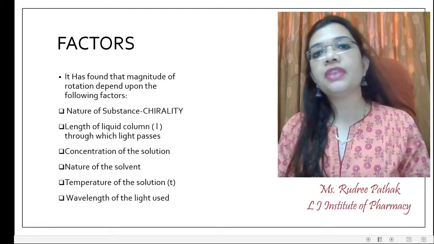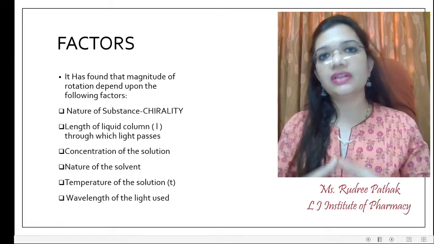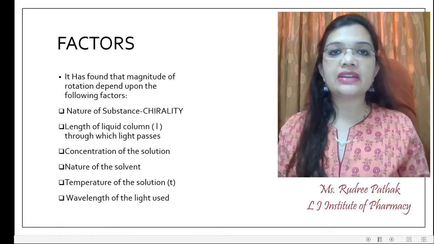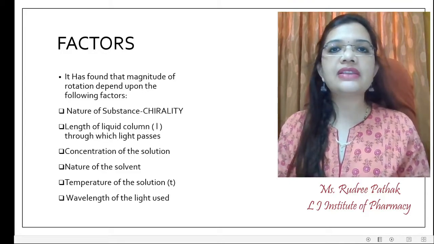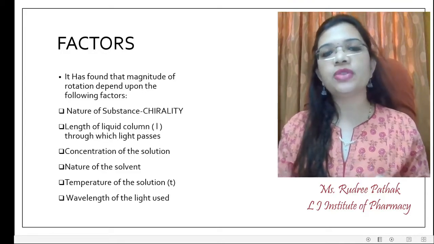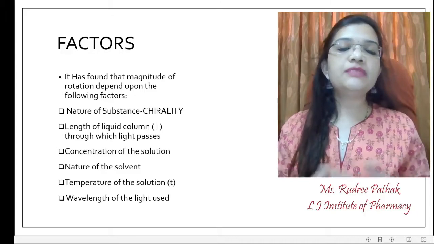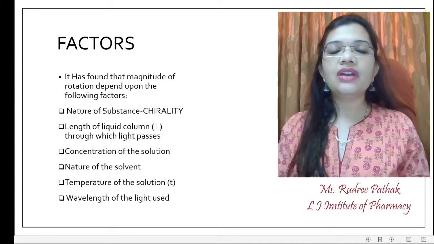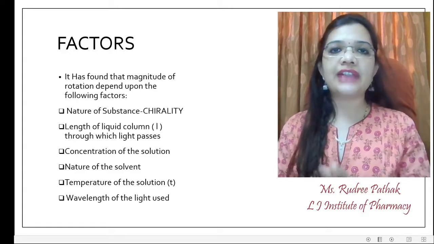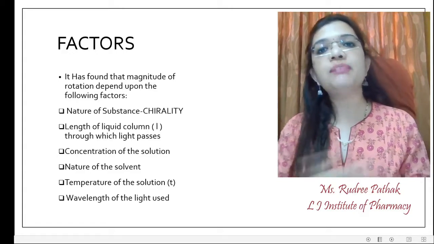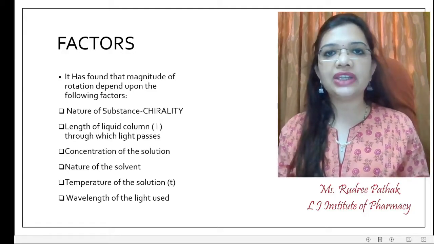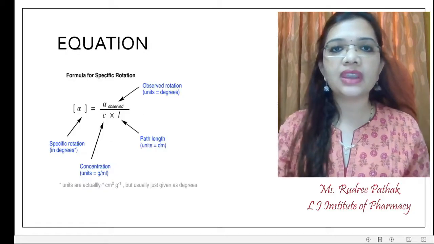Fifth is the temperature of the solution or the system in which the sample cell is actually placed. That ultimately affects the readings which are observed at the analyzer. Last but not the least is the wavelength of the light which is used for analysis of the sample, or the wavelength which passes through the sample cell, that also affects the overall activity or overall readings.